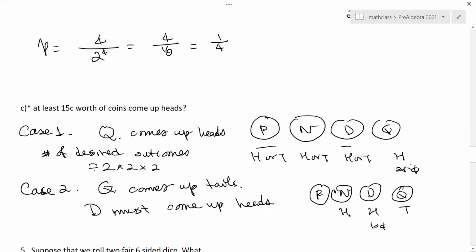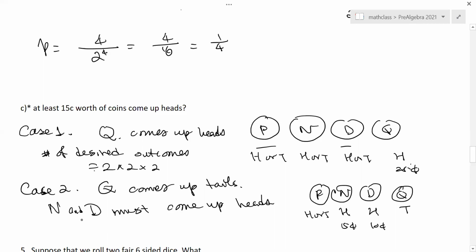So it's 5 cents. Then the penny doesn't matter. It comes up with heads or tails, so this can be 2 choices. So the nickel and dime must come up heads. So now there's a freedom, right? 2 possibilities for the penny.